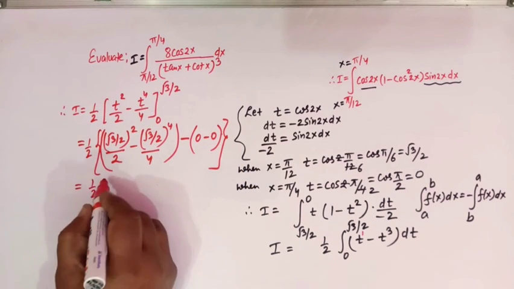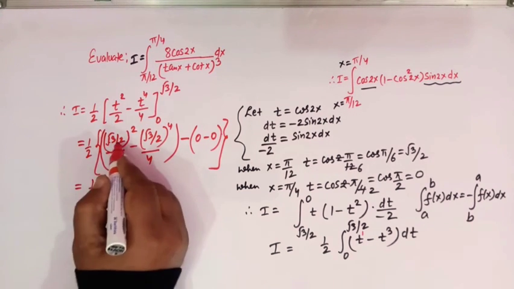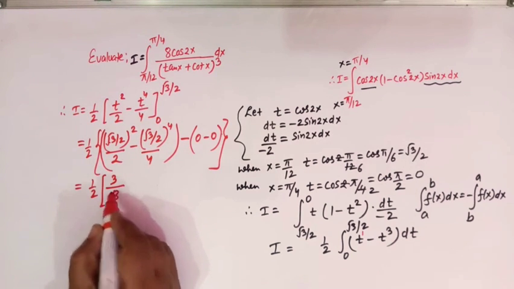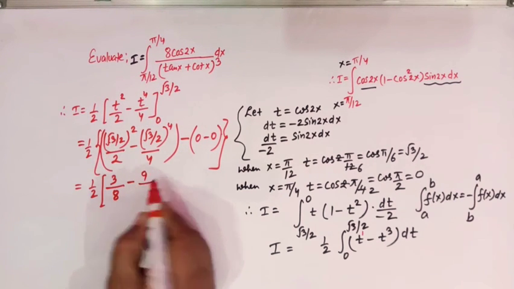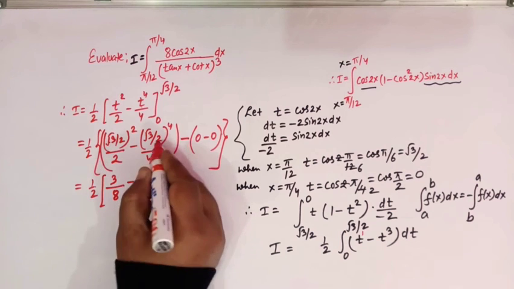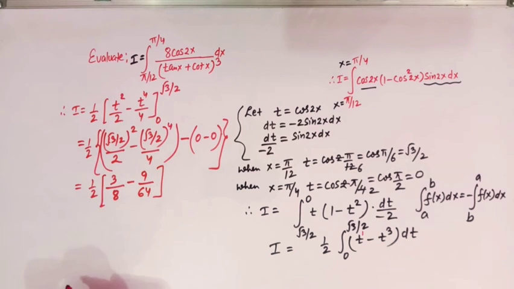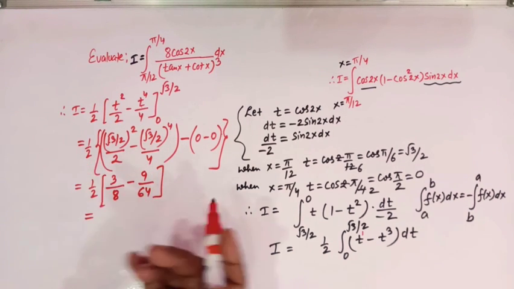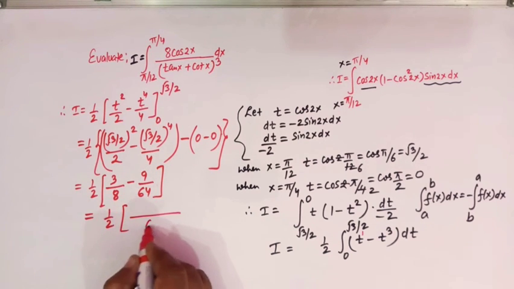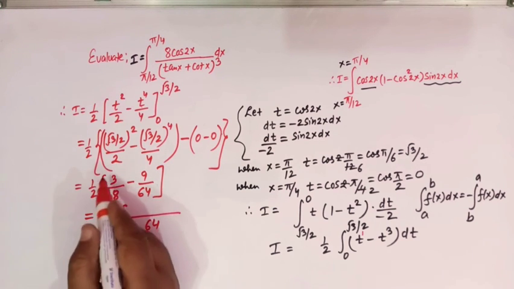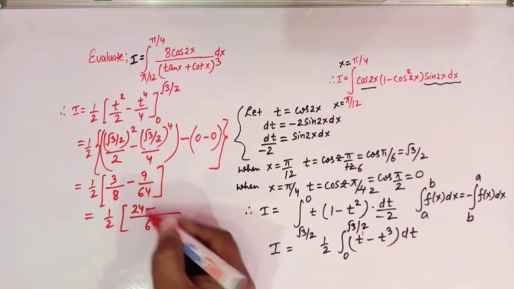Now we have half here, and root 3 square is 3, and 2 square is 4, 4 times 2 is 8, minus root 3 raised to 4 is 9, and 2 raised to 4 is 16, and 16 times 4 is 64. Now we simply take the LCM here, which is 64: 8 8s are 64, so 8 times 3 is 24, minus 9, since 64 divided by 64 is 1.